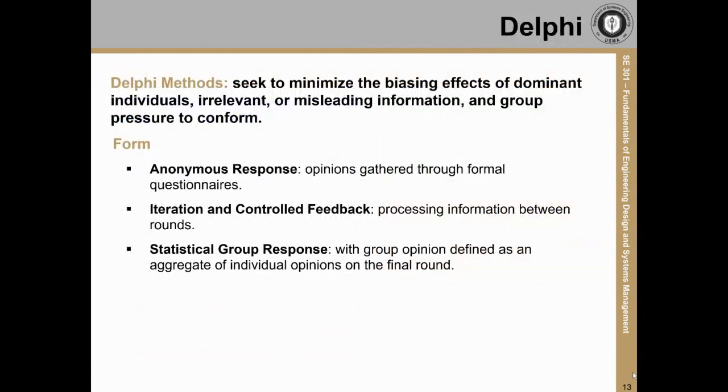Another method is what's called the Delphi method, and the Delphi method is common for very large projects, especially software projects. What you do is you collect a group of subject matter experts, you ask them to fill out a survey, they give you back their opinions, and you take their results, you compile it, you process it, and then you send it back again and get additional feedback.